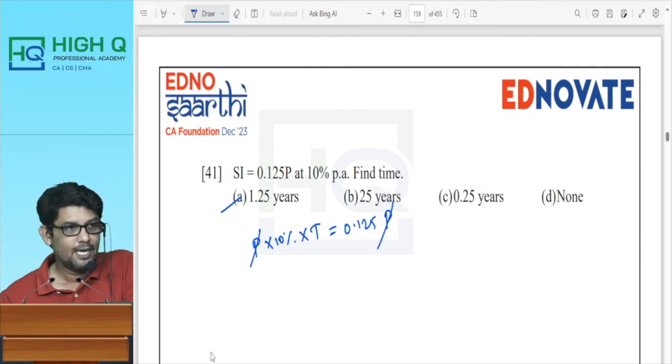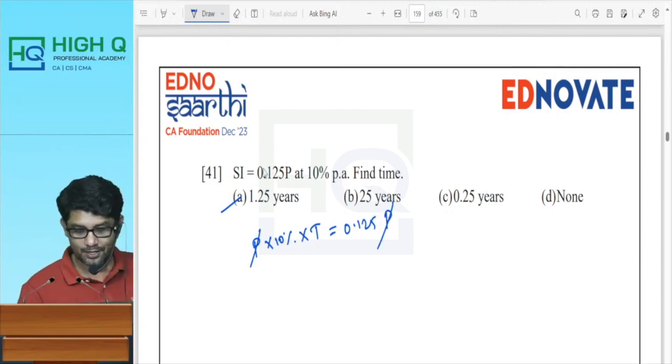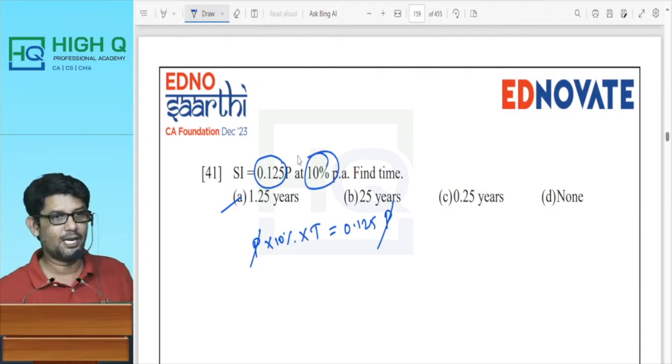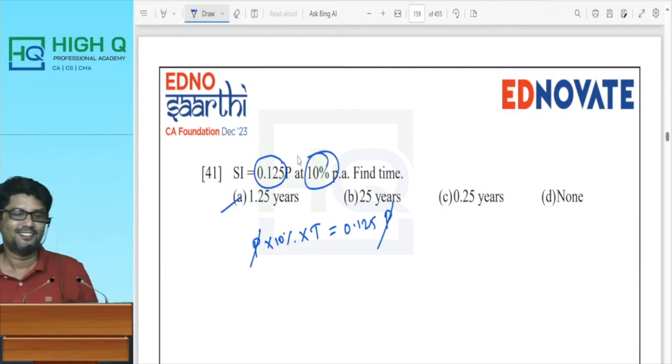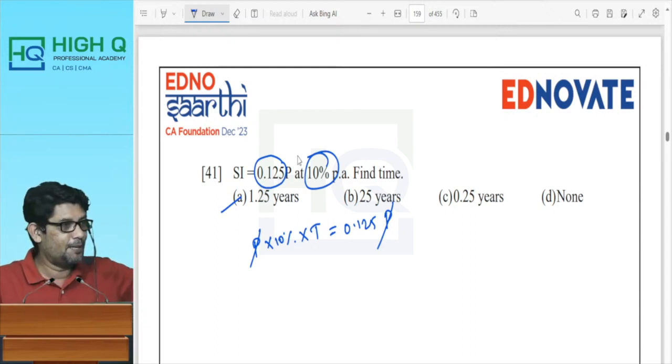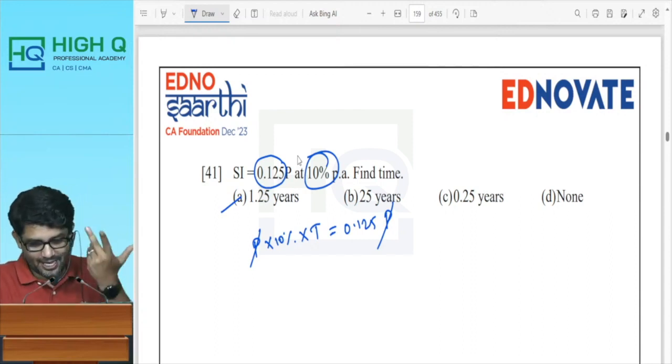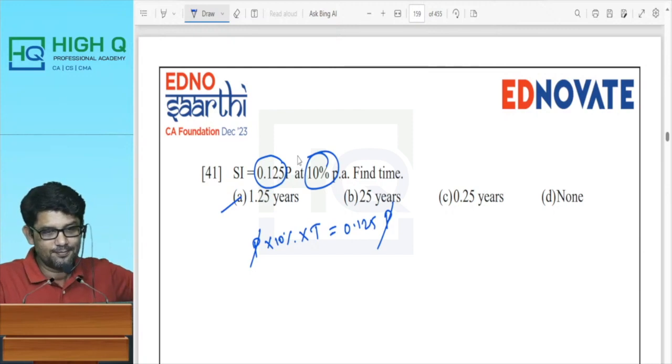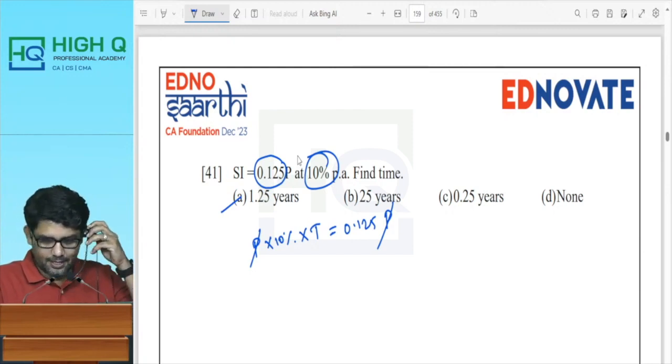Cut, cut. Actually, what is the trick: 0.125 divided by 10% is your answer. From simple interest, if you divide 10%, that is your time. That's it. Did you get 1.25?